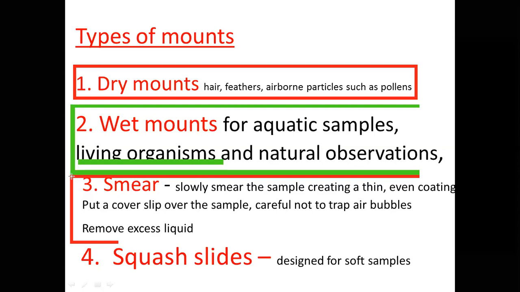So it can be a bit tricky, even how we place the cover slip. We shall mention it, so that we don't trap air bubbles. That one I'll mention down there. Of course, we have seen students making slides, and what they trap are air bubbles.